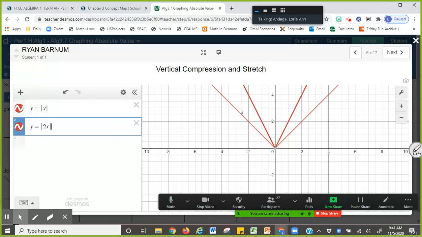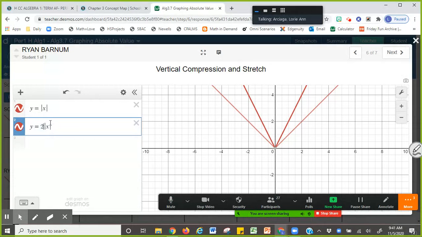Okay, so look at when we multiplied by 2. What happened? Did it become wider or narrower? 2 absolute value of x. Oh, where did I put it? My bad. You're right. I put it in the wrong spot, honey. Thanks for catching that. I meant to show that later on in the last slide. Thank you, Brian.